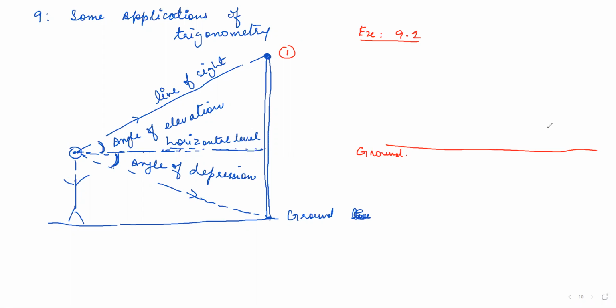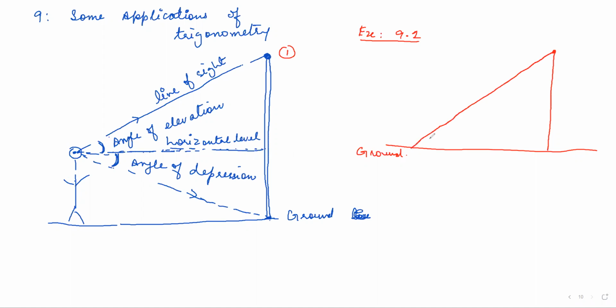This is my ground line. Okay. Now, there's a pole somewhere. Let's say there's a vertical pole. So there is a rope like this. It is attached from the top of this pole and somewhere on the ground.